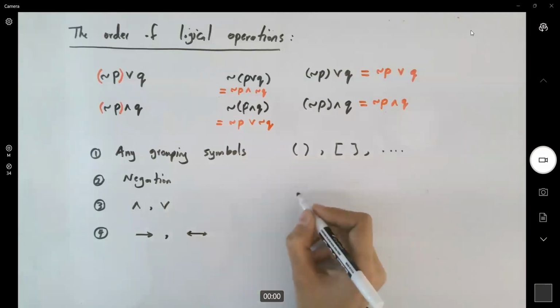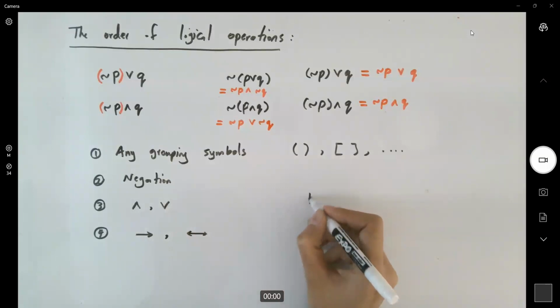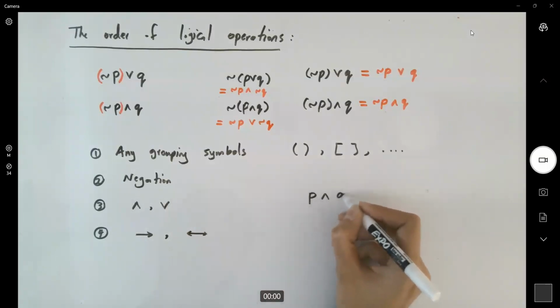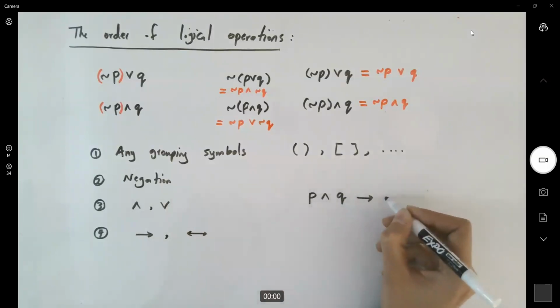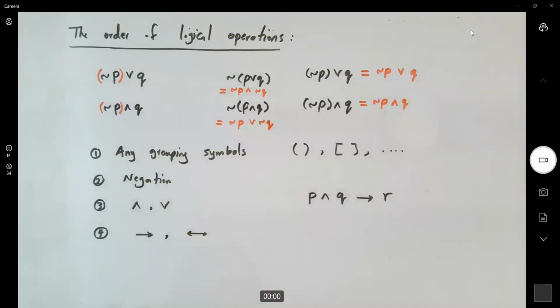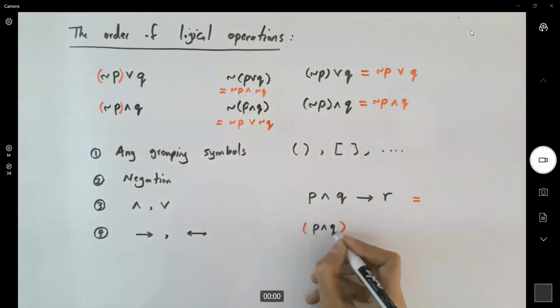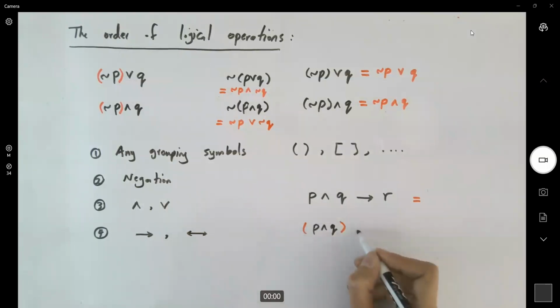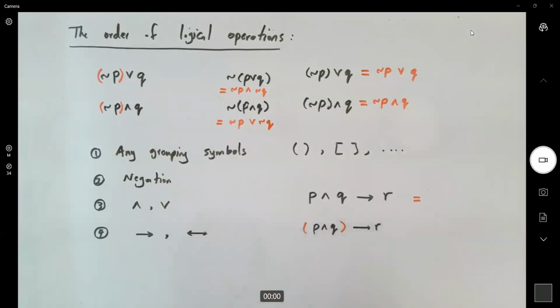So if you have something like this statement, P and Q implies R, it means that it's not Q then R, it's P and Q. This is the same as P and Q, then R. It means that you need to find the values for P and Q, then R. It takes the priority.